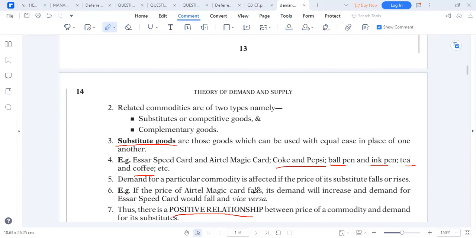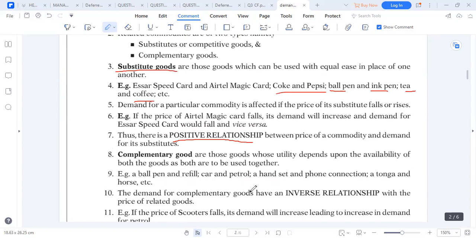And so it means you have a positive elasticity of demand. We also have what are called complementary goods, which depend on each other. One's availability will also complement the other good. So they are interdependent. For instance, a ball pen and refill. Without each, this one becomes useless. A car and petrol, these complement each other.